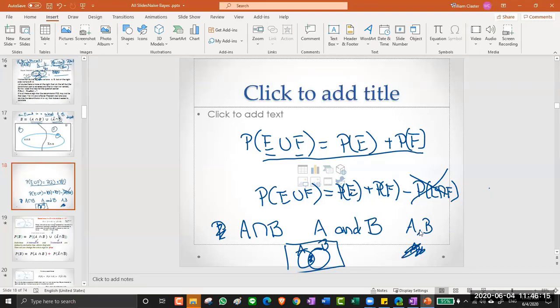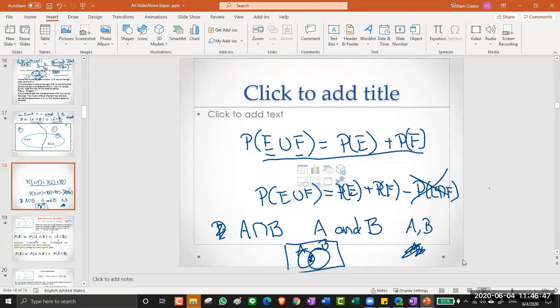I have seen a few texts, unfortunately, where comma sometimes means or, but it shouldn't be. It should be and. Most books say it's and. So sometimes comma means and, and is the same thing as intersection. Does everyone understand that?